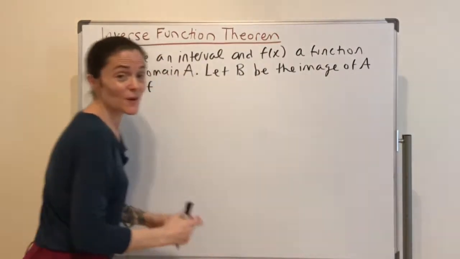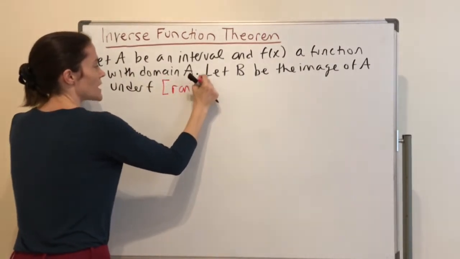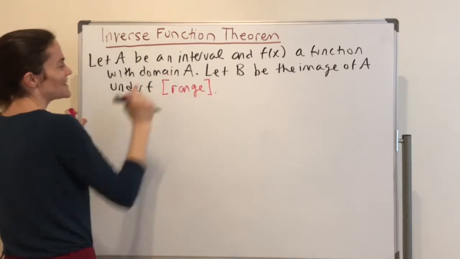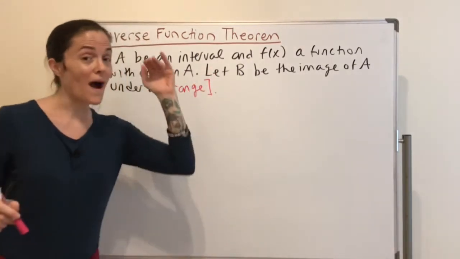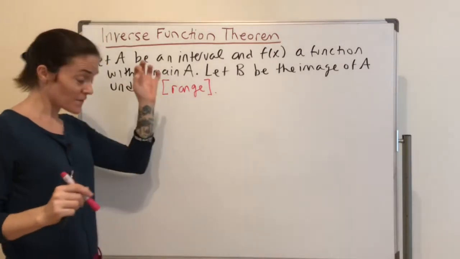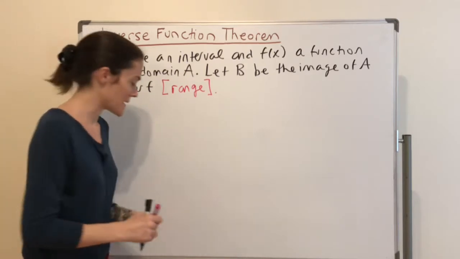This is also called the range. If you take A to be the domain, B consists of all y values f of x such that x is in this interval A.